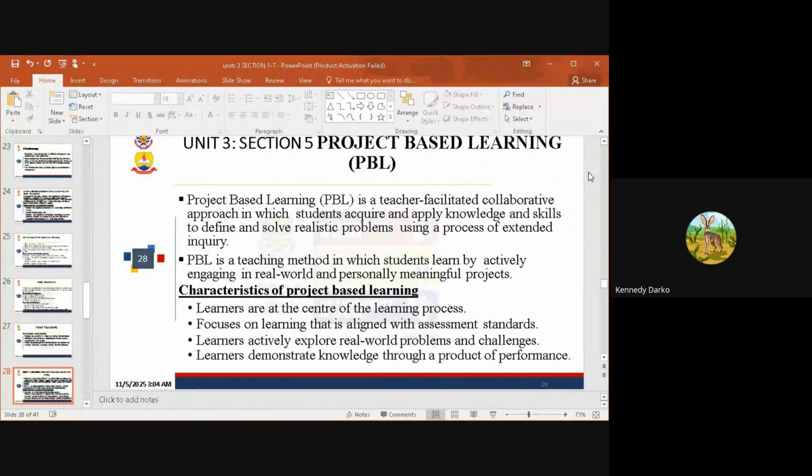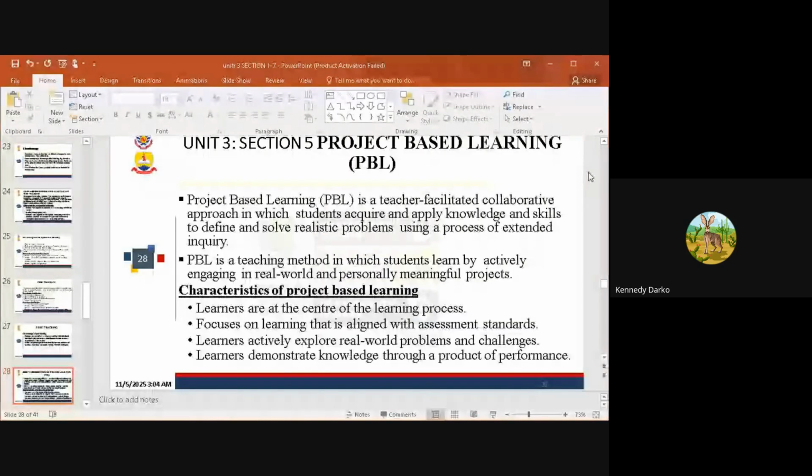So PBL is a teaching method in which students learn by actively engaging in a real-world and personally meaningful project. So the real-world engagement is there. Whatever project they give them, they come out with meaningful answers. What are the characteristics of project-based learning? Learners are at the center of the learning process.